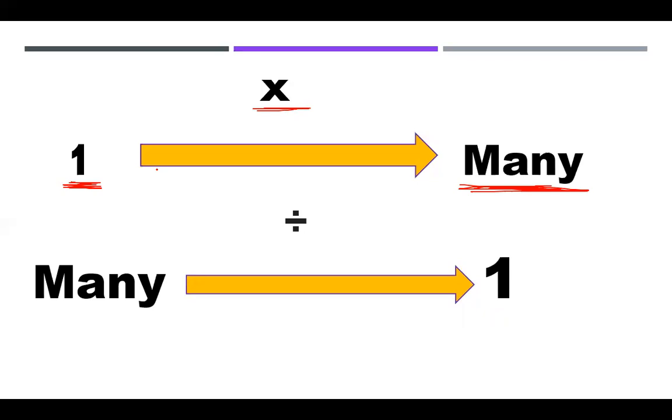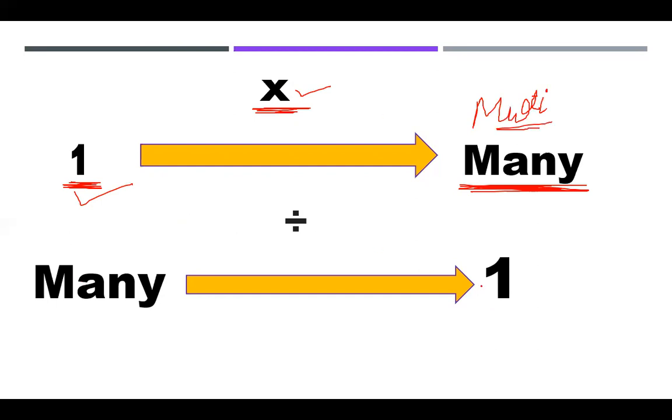From one to many things you have to multiply, because if you have a single unit and you need to find for multiple units, then you have to multiply. So multi means you have to multiply.